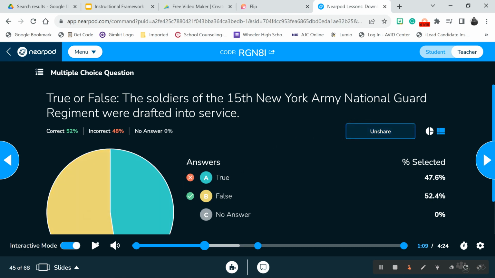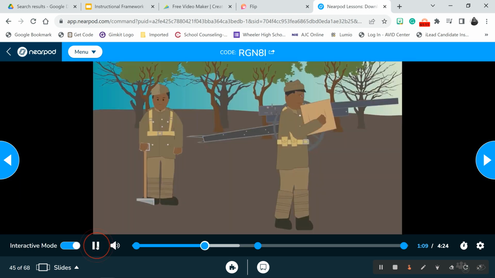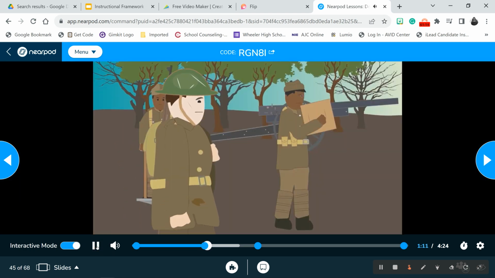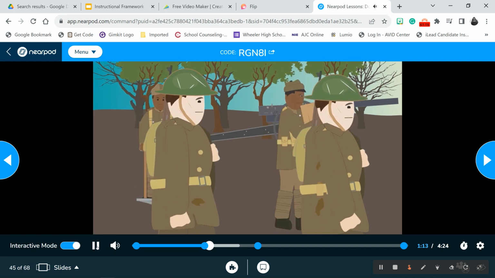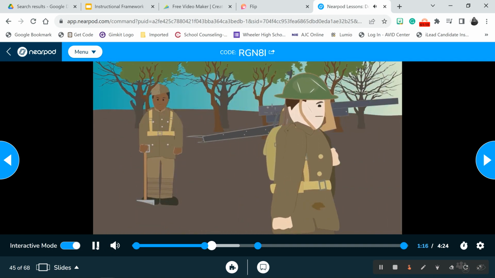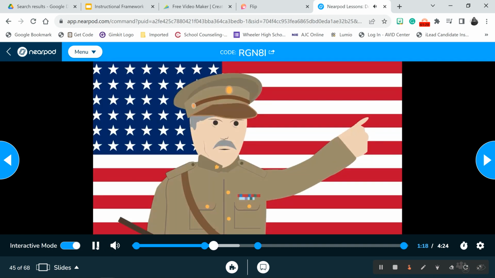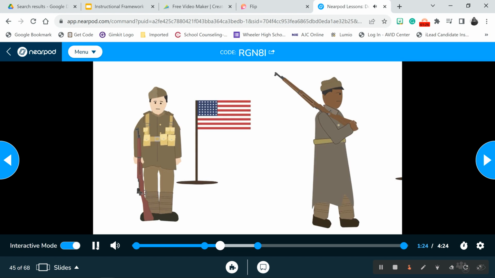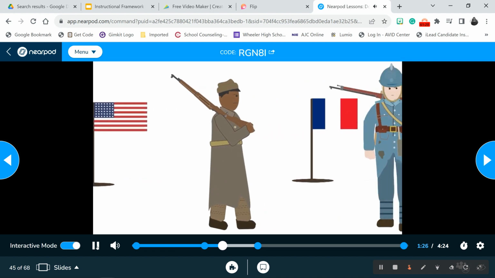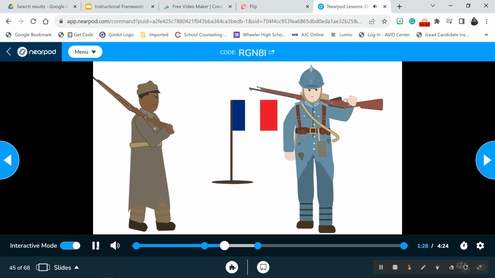Gotta pay attention, people. While they awaited a decision as to whether they would get to see combat duty, they continued labor service duties. The regiment was finally given the opportunity to fight on the front lines by General John J. Pershing in April 1918. They were assigned to the French Army because of racial segregation in the U.S. Army and discrimination regarding white soldiers performing combat duty with black soldiers.